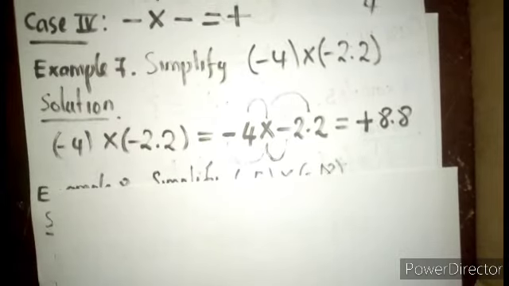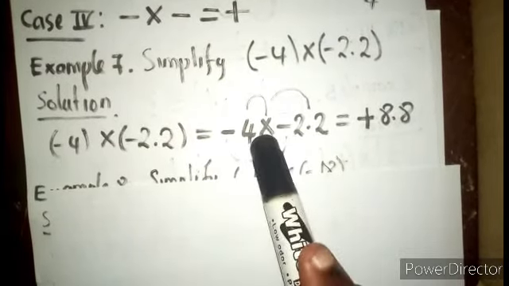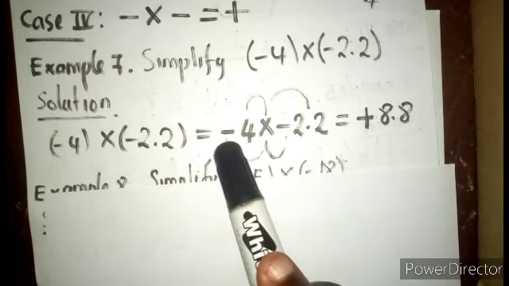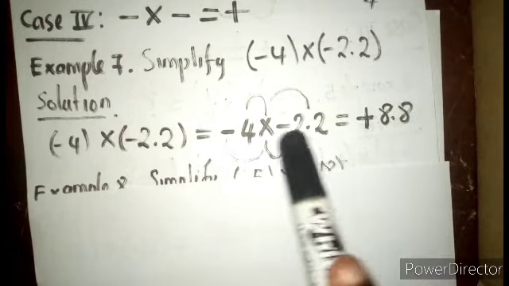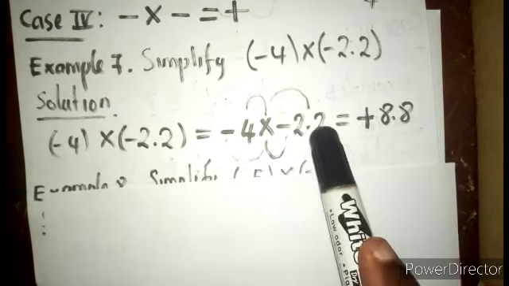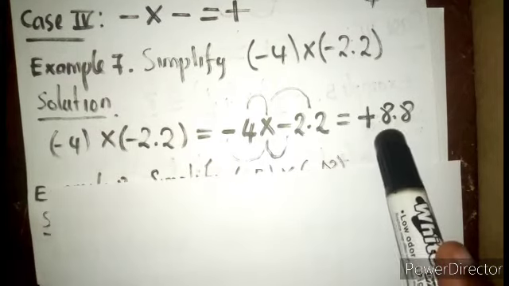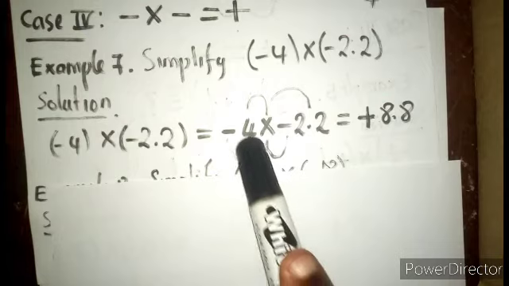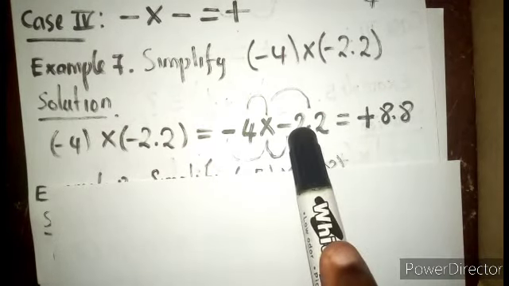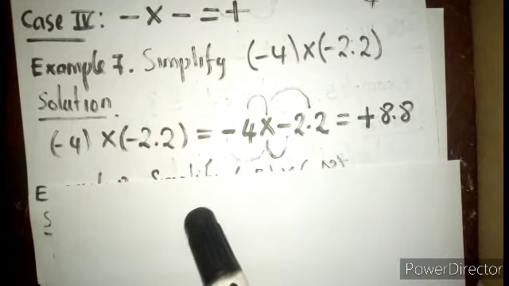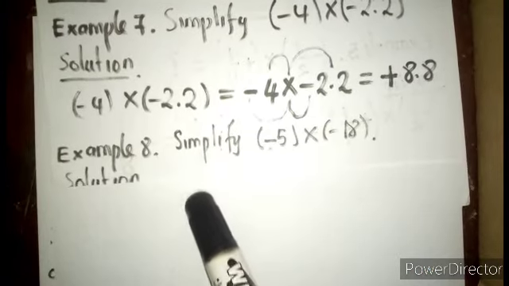When you remove the bracket, we have minus 4 times minus 2.2, and minus times minus we know is positive. So 4 times 2.2 is literally 8.8. 4 times 2 is 8, so we have 8.8.